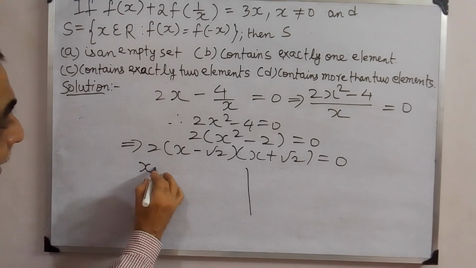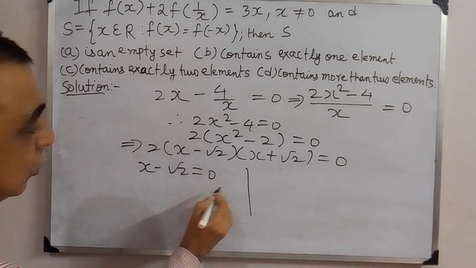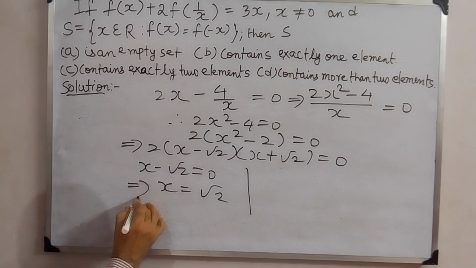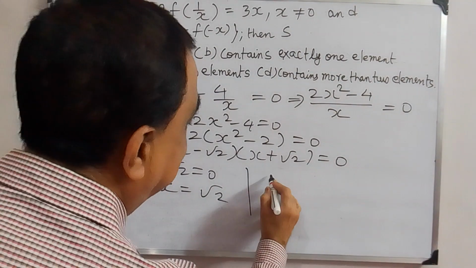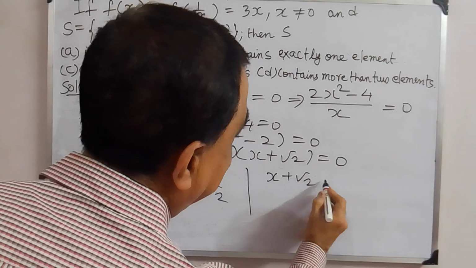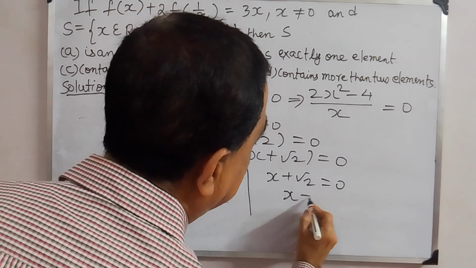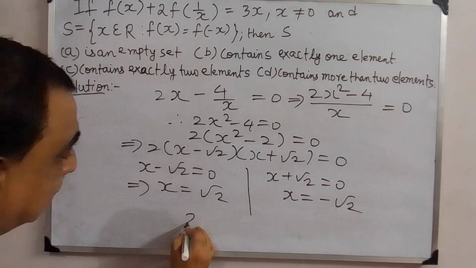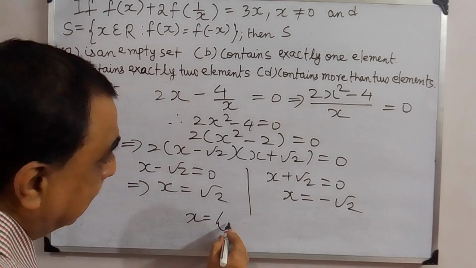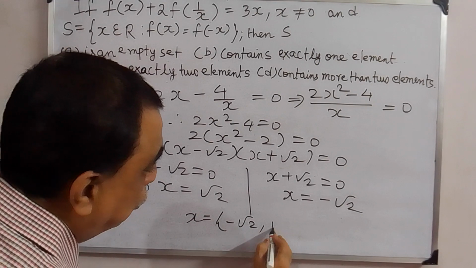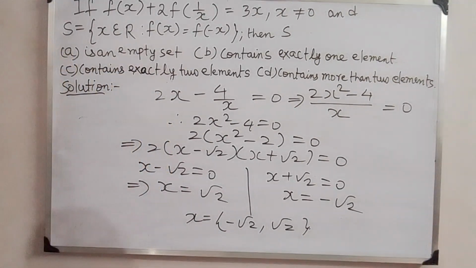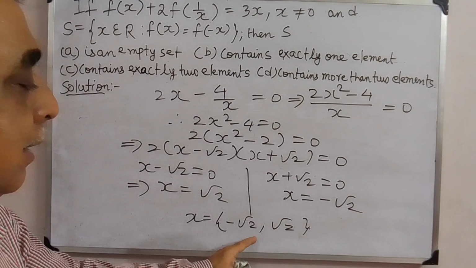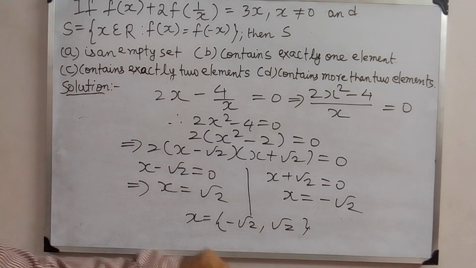When this one is 0, x is equal to plus root 2, and when this one is 0, x is equal to minus root 2. So the possible values of x are minus root 2 and plus root 2. We are getting 2 values.